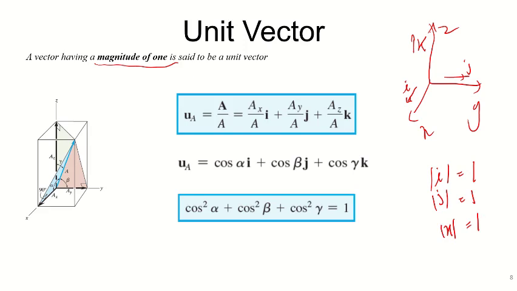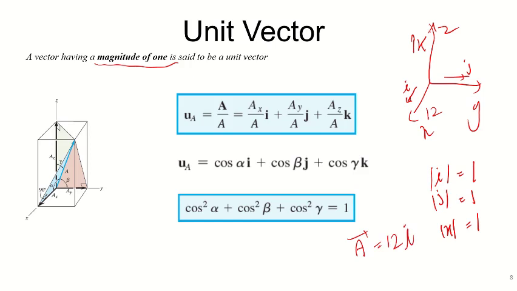So now we know x direction we have the unit vector i, y direction unit vector is j, and z direction unit vector is k, right? So if we have a vector in x direction, say the magnitude is 12, we can express the vector, say vector A is equal to 12i, right?